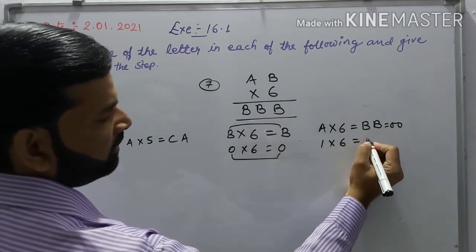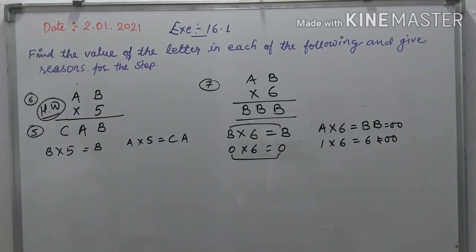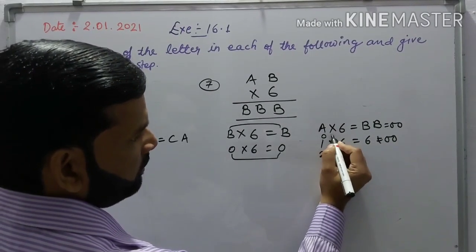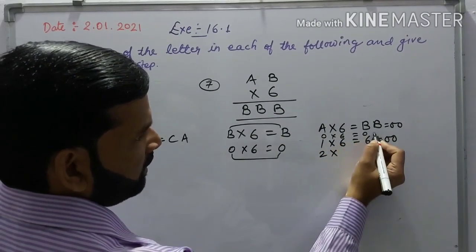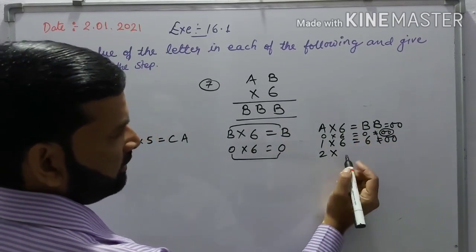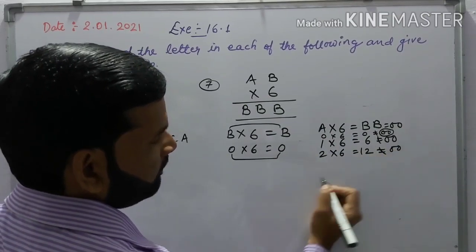Okay, so you get 6 is not equal to 00. Now second is 2, first 0 into 6 is equal to 0, so 2 0 will become a single 0. Now 2 into 6 is equal to 12 is not equal to 00.